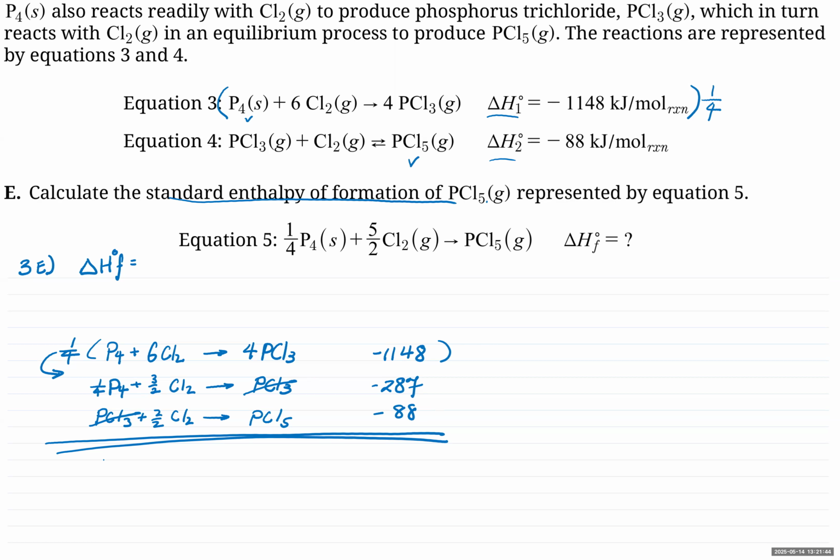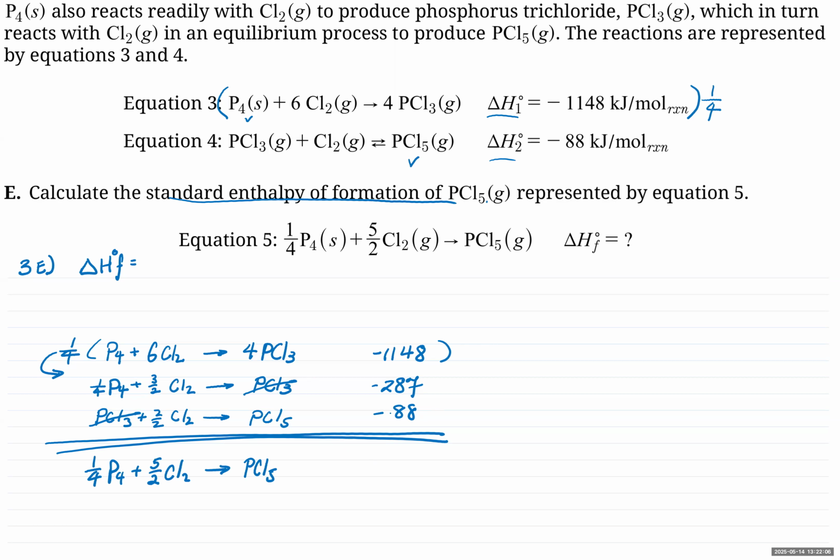We get 1/4 P4 plus 3 over 2 plus 2 over 2, which is 5 over 2 dichlorine, giving you our PCl5. And what do you know? That's the same as the equation in equation 5.